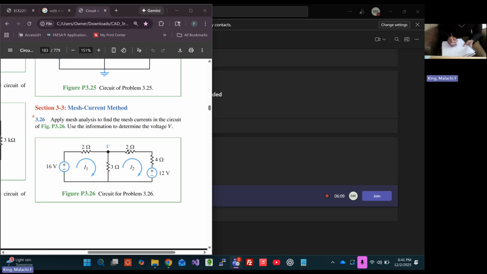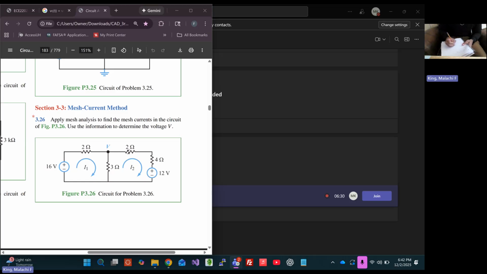So combining all the I2s, 9 ohms times I2 minus 3 ohms times I1 plus 12 volts equals 0.